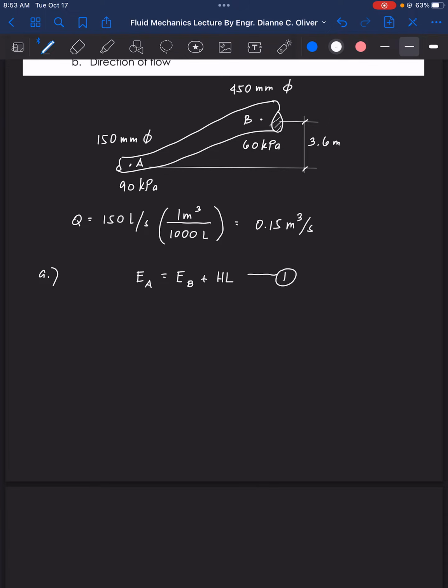Here, our EA is the velocity head, velocity A squared all over 2g, plus PA over gamma of the liquid.